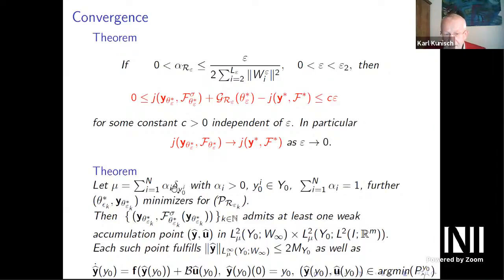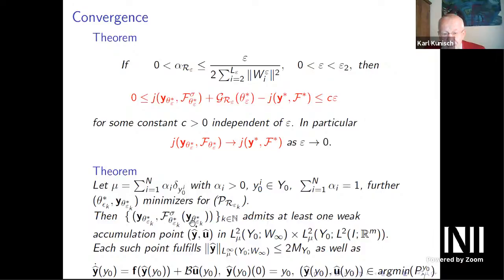To make things more compact, I take the situation where the measure on the initial conditions is a finite measure. Then, as epsilon_k goes to zero, I choose pairs of optimal parameters and optimal states.